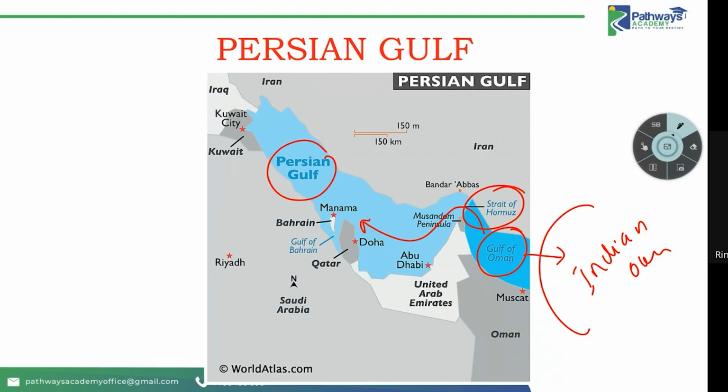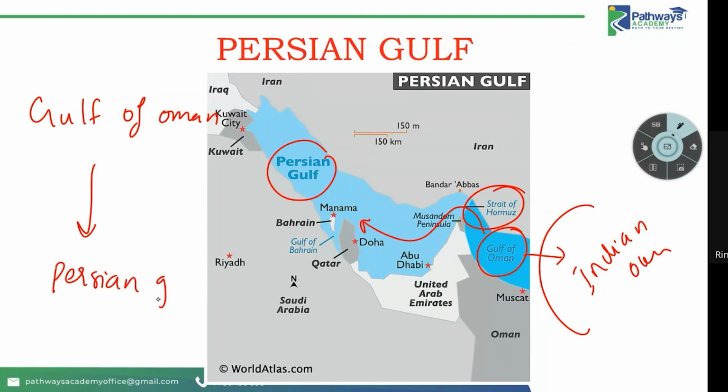Bab-el-Mandeb is present in the middle near Aden. So please note it down: the Gulf of Oman is connected to the Persian Gulf through the Strait of Hormuz.